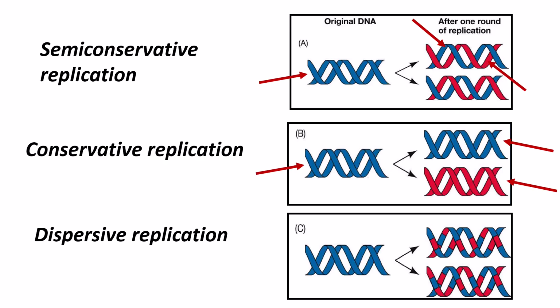This model implies that after each round of replication, the DNA becomes more hybridized and less distinguishable between old and new DNA sequences. As you can see on your screen, the daughter duplexes in the dispersive mode of replication are made up of bits and pieces of red and blue DNA.